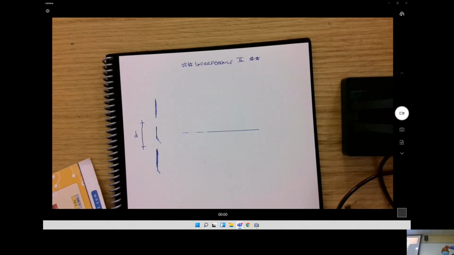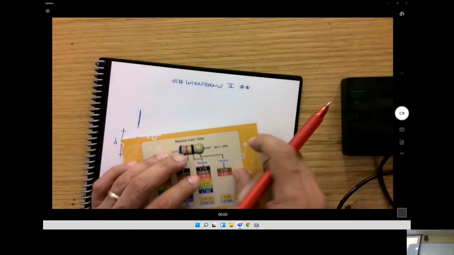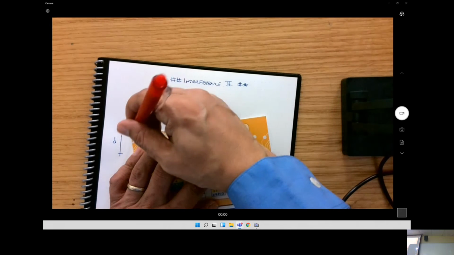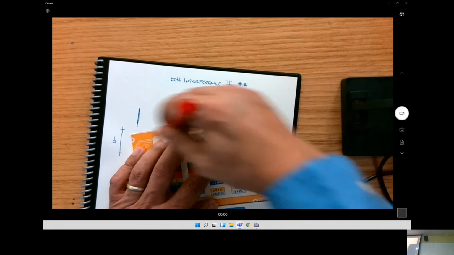And again, the angles are so similar, especially very, very close to those apertures, that you can pretty much assume that those beams are coming parallel to each other. So I'm going to have this light coming here.